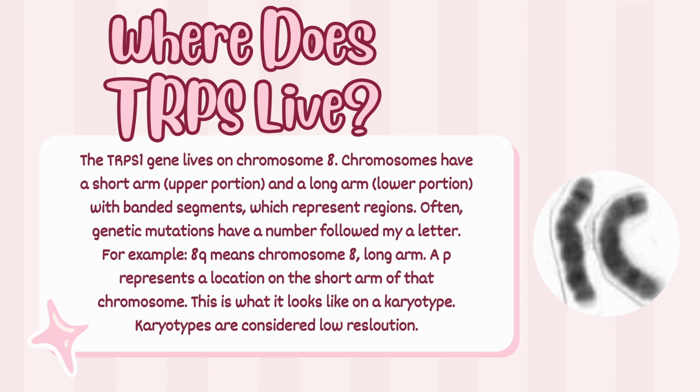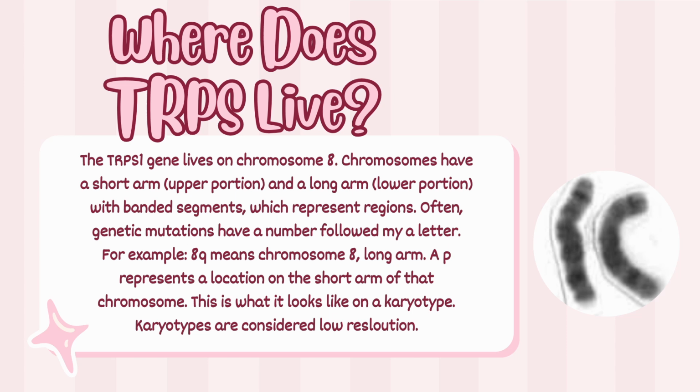So now that we know a little bit about the disorder, where does TRPS live? The TRPS1 gene lives on chromosome 8. Chromosomes have a short arm, which is like the upper portion, and a long arm, which is the lower portion. They have bands, banded areas, and you can consider each like a region.